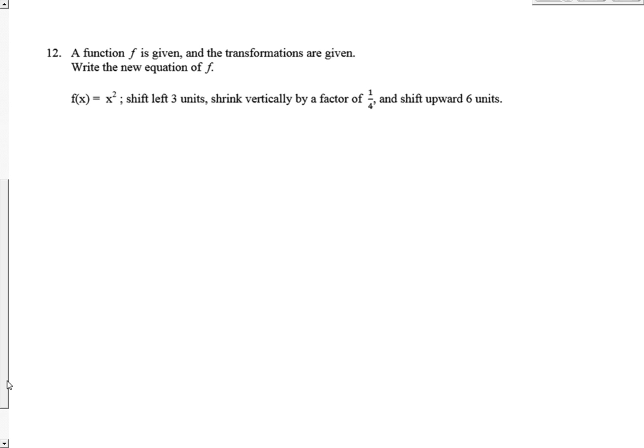For number 12, a function f is given and the transformations are given. We want to write the new equation of f. Well, f is x squared. So I want to set this up and give myself some space to put these values.